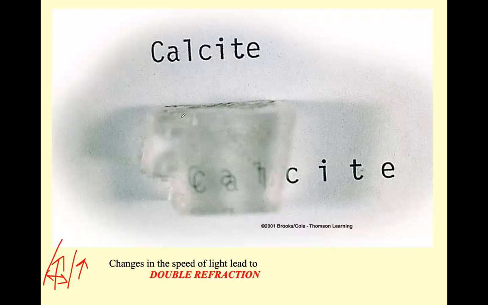If you put a calcite crystal on top of a paper with some writing, you will see two images. Inside here, you can see two writings. Why is that? That's because of those two rays, fast ray and slow ray. Both rays are coming out, giving two images.